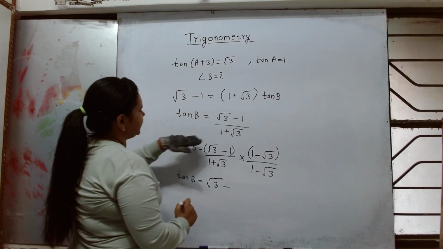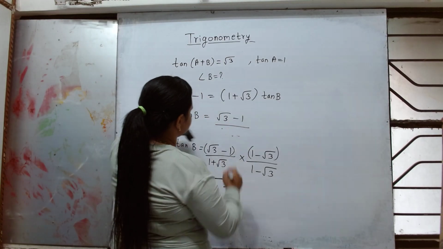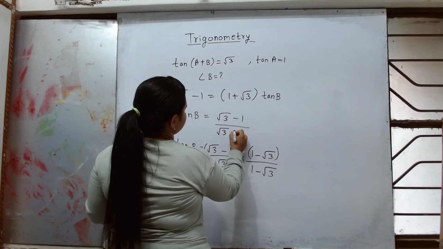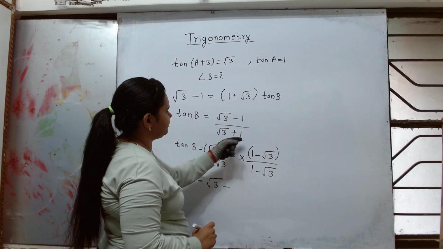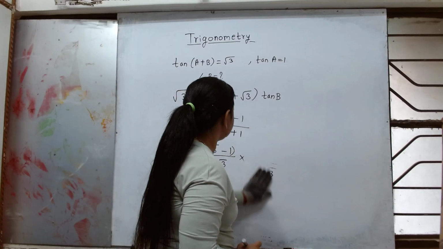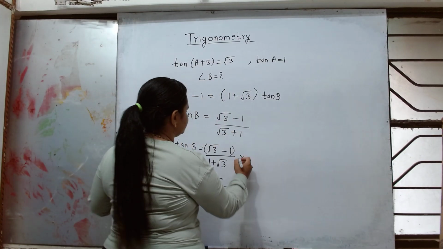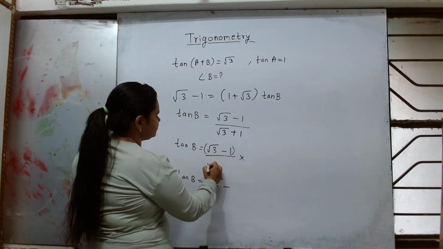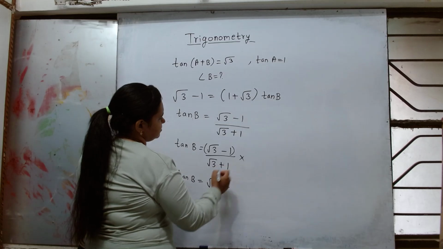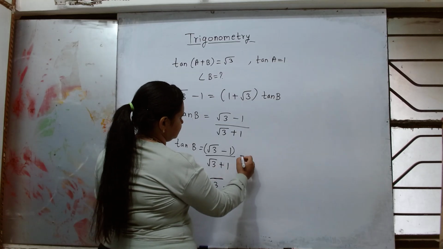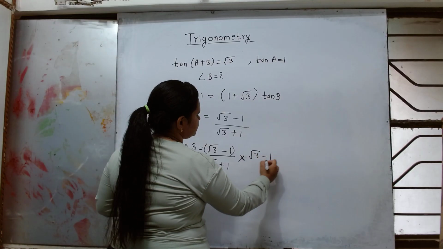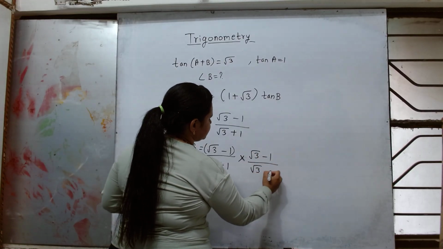Okay, we can write 1 plus root 3 as root 3 plus 1. So it will make the calculations easier. So multiply it by root 3 minus 1 upon root 3 minus 1.